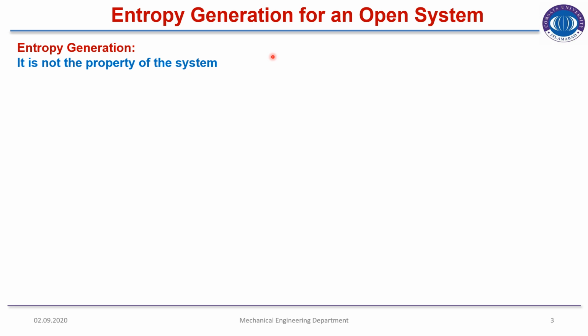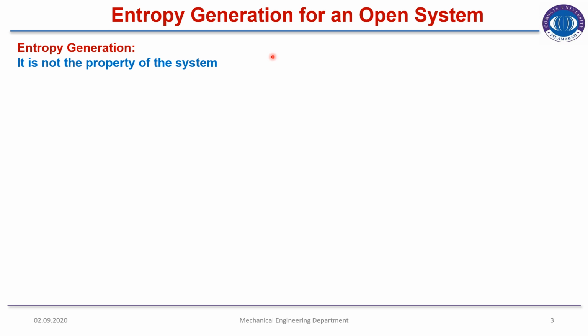Let's suppose a process is happening, isobaric or isochoric, moving from state 1 to state 2. We can find the value of specific entropy at state 1 and state 2 because specific entropy is a function of state and a property of the system. Therefore its fixed value can be found at a particular state.